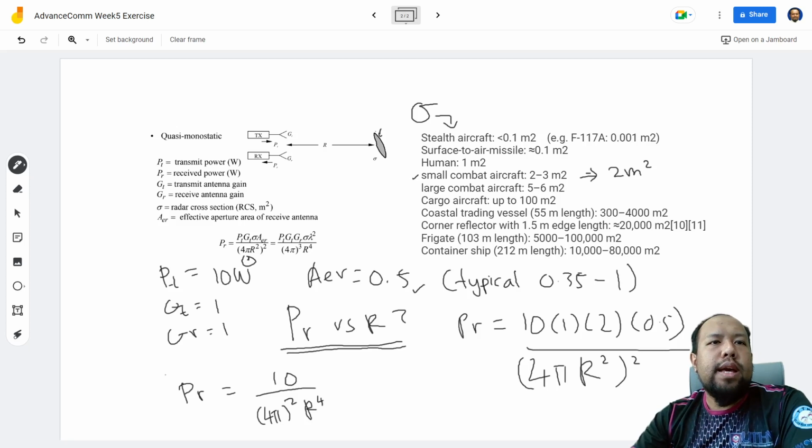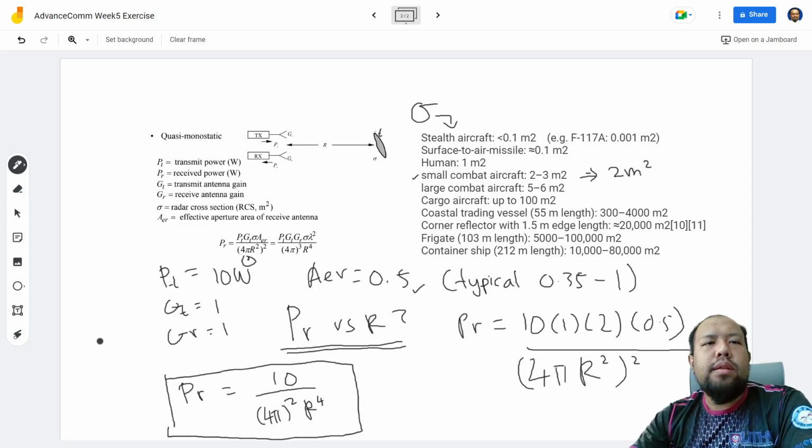So we can get this relationship between the receive power and the range.